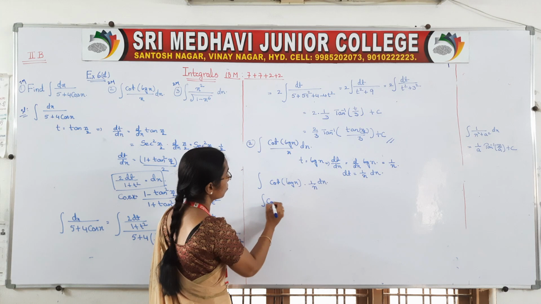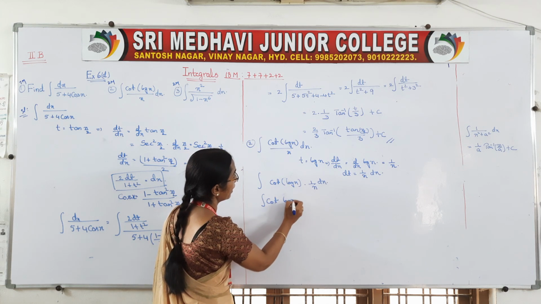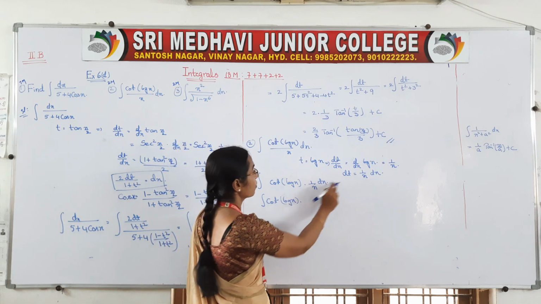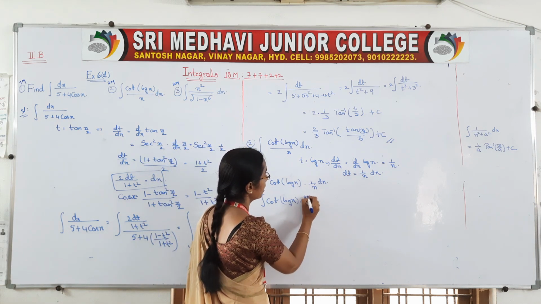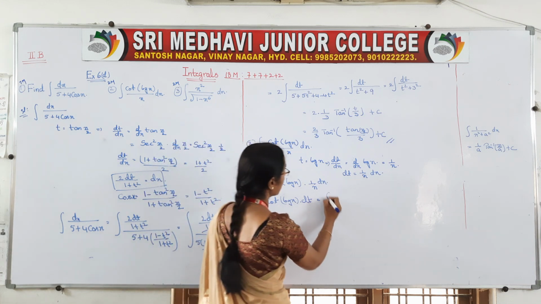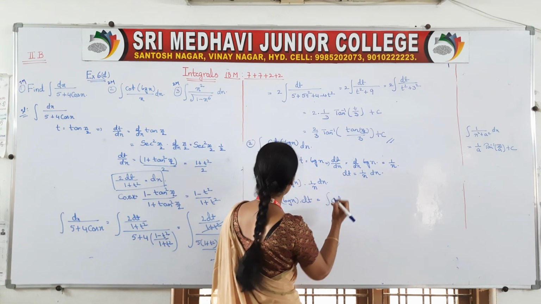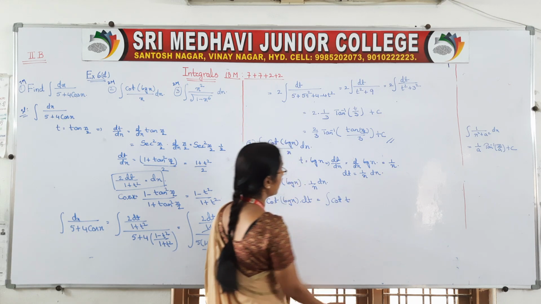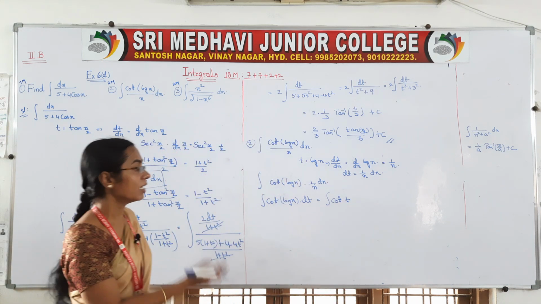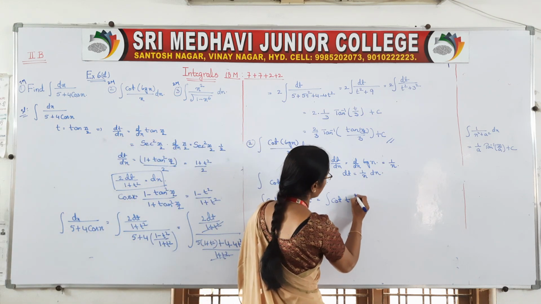So it is equal to cot of log x into dt, and what is log x? We have taken t, so we can write this as cot of t, right? Generally cot theta, cot x we will have, but here cot t into dt.